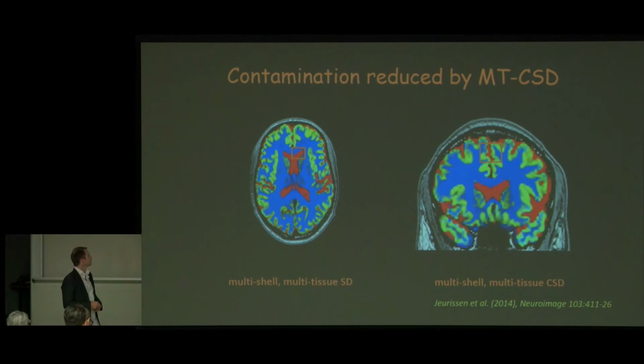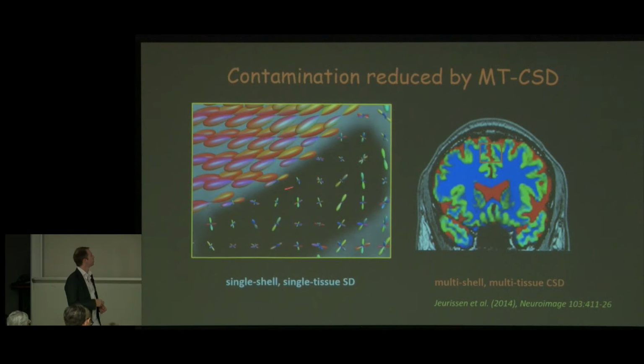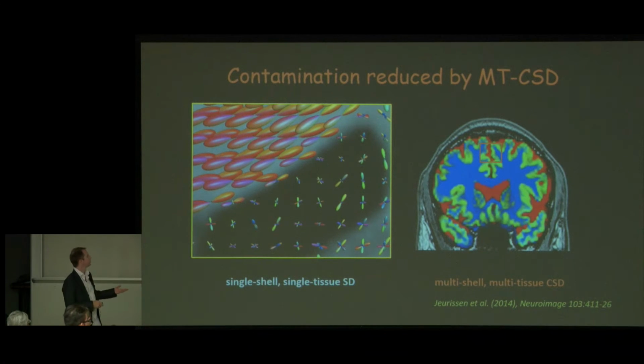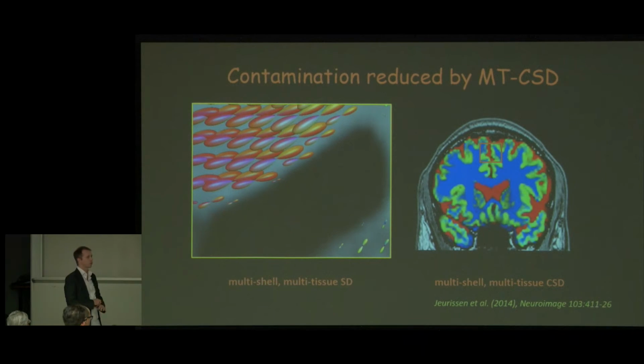And here's some other views of the same data, but if we focus on this part of the ventricle here, this is what we get with single tissue, single shell CSD, which is the previous generation. Now what happens is we've completely got rid of the CSF part, and that's because all the CSF signals have been attributed to the CSF component, and the white matter component is free to be as clean as it wants.